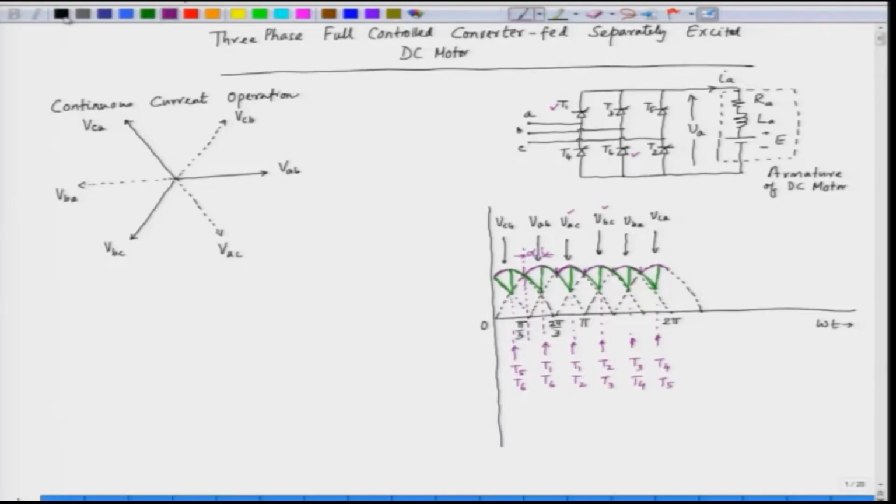So, the output ripple frequency of the output voltage is equal to 6f, where f is the input supply frequency.